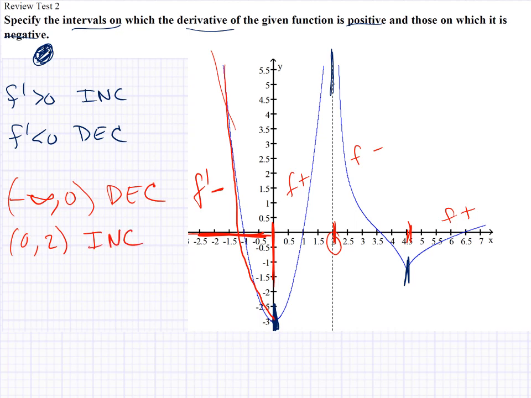Then from 2 to, it looks like 4.5, we're decreasing. And then 4.5, and it keeps going to infinity. So 4.5 to infinity, we're increasing again. Okay, so it's about connecting derivatives and what the shape of the graph does to see whether the derivative is positive or negative.